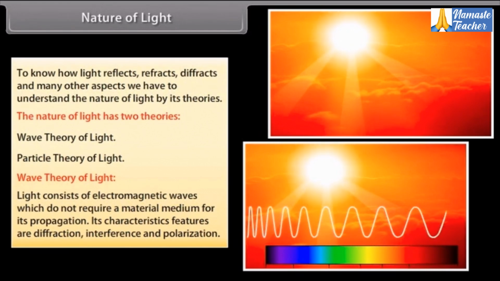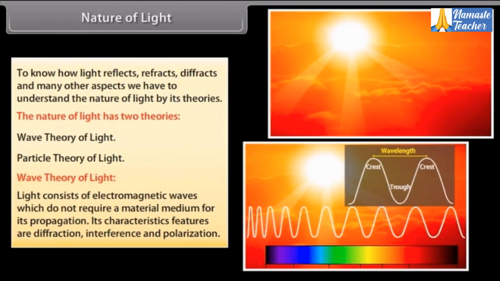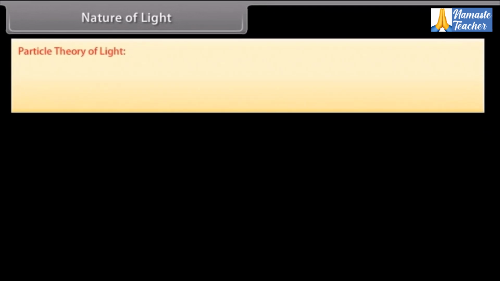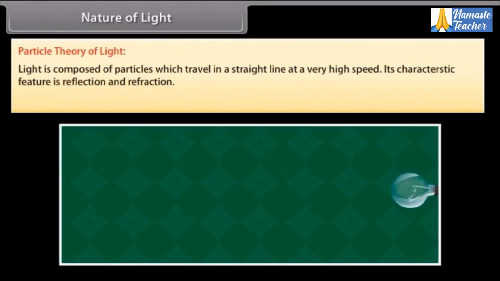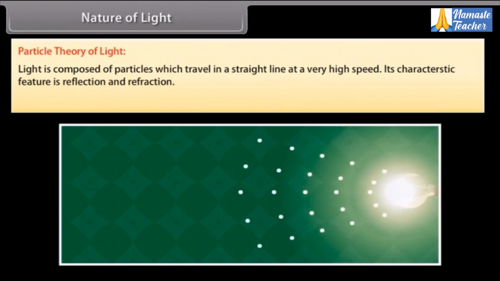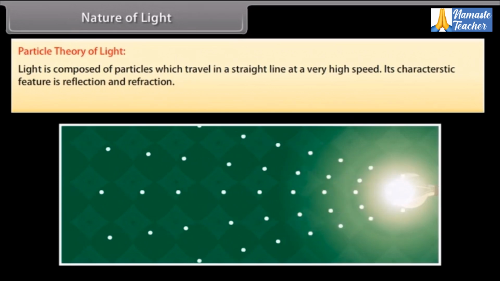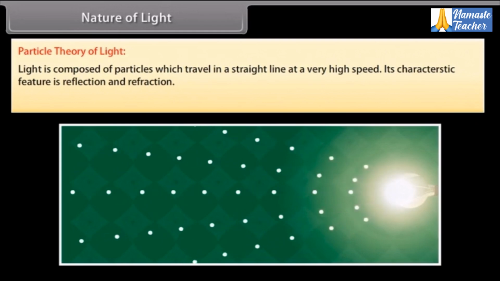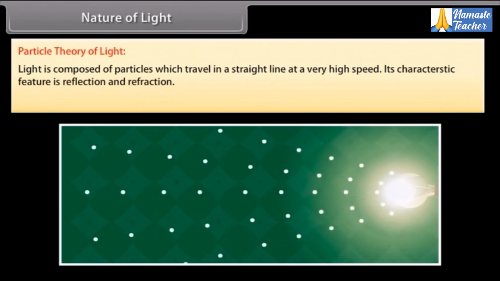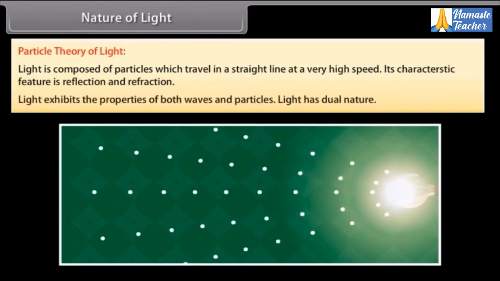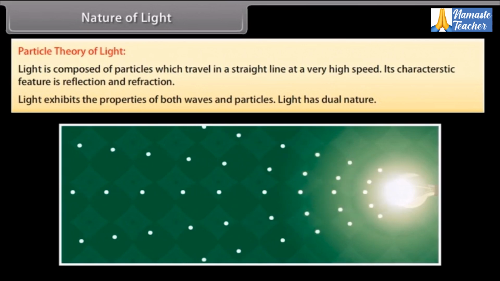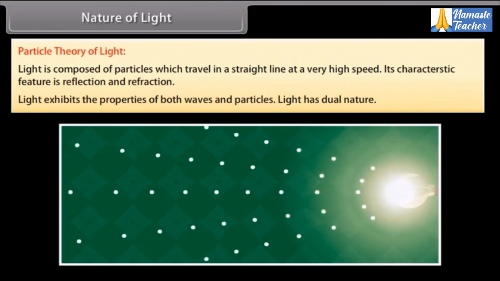Its characteristic features are diffraction, interference, and polarization. Particle theory of light. Light is composed of particles which travel in a straight line at a very high speed. Its characteristic feature is reflection and refraction. Light exhibits the properties of both waves and particles. Light has dual nature.